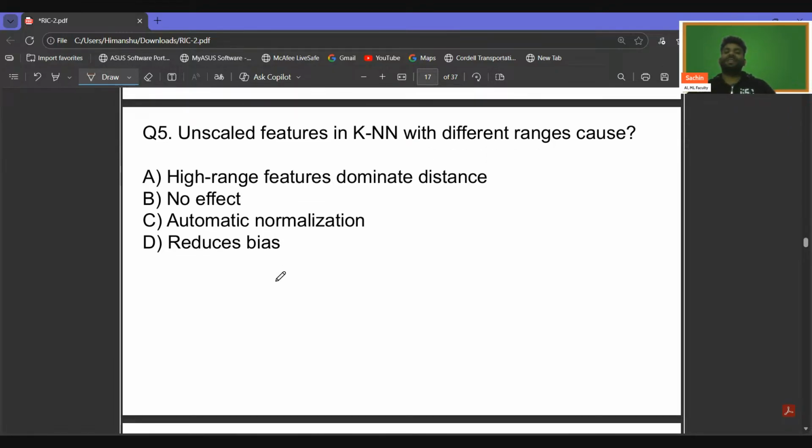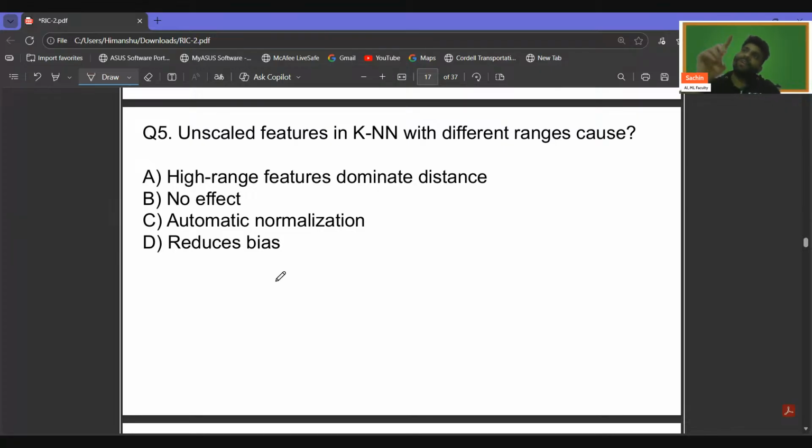Unscaled features in KNN with different ranges cause what to happen? What I'm saying is, we have unscaled features. That means we have not done any kind of feature scaling in KNN, and each of the features has altogether different ranges, different scale. Now, what is the problem if we have different scales of features? We need to calculate distances.